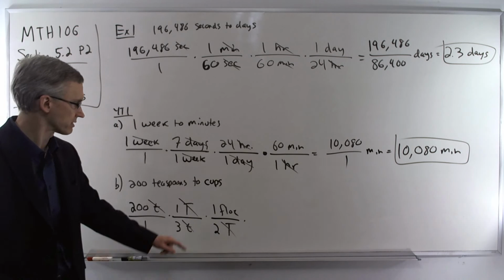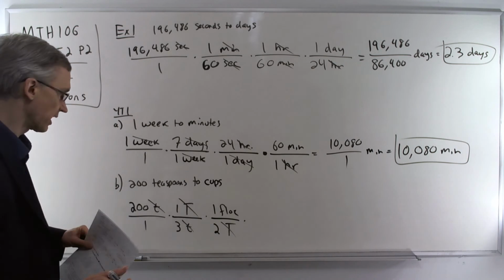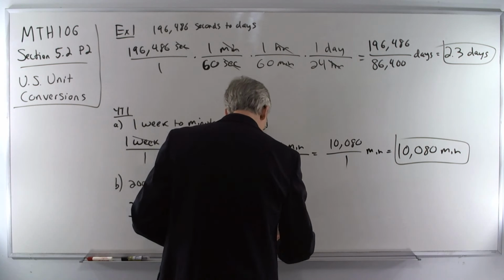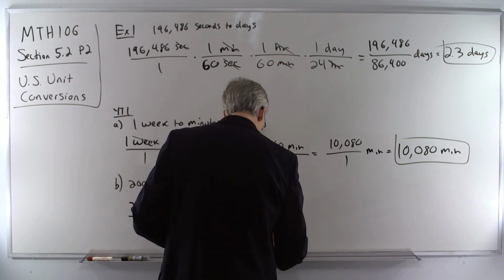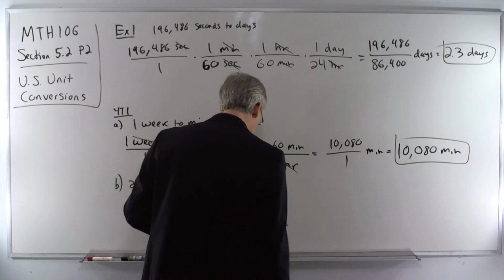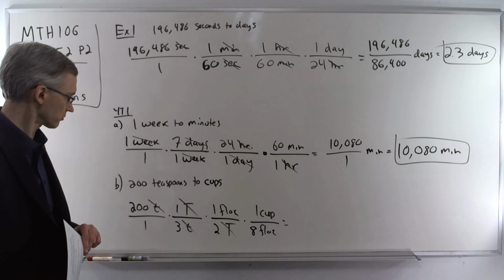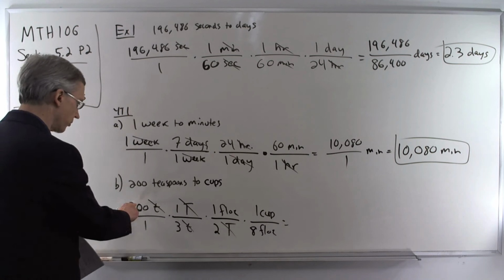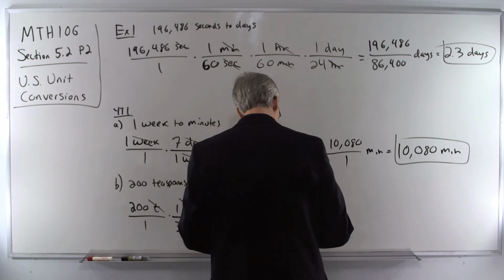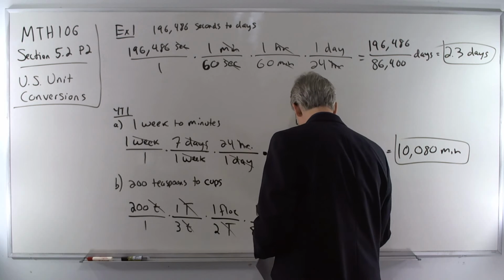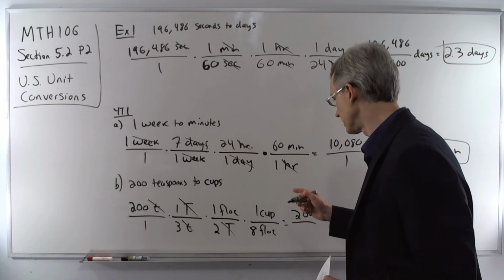So we're going to go from fluid ounces to cups. That conversion factor is 8 fluid ounces in 1 cup. Now let's multiply straight across. 200 times 1 times 1 times 1, 200 on top. And on the bottom, 3 times 2 times 8.